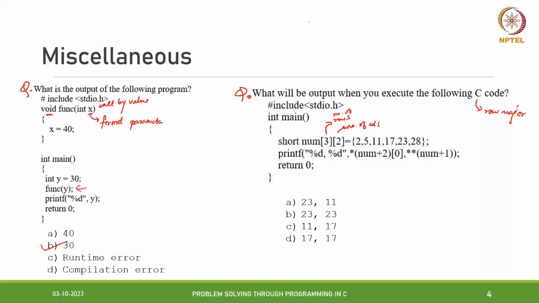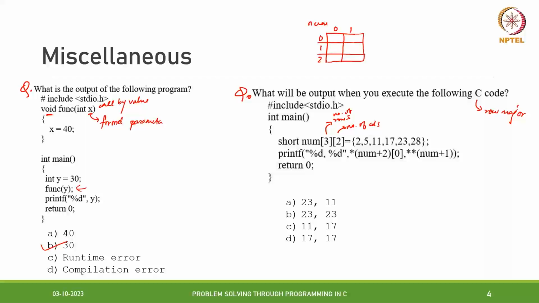So if I write this array num, it has 3 indices here, 0, 1, and 2, and it has 2 indices here, 0 and 1. So these are the columns and these are the rows. It's a 3 cross 2 matrix.